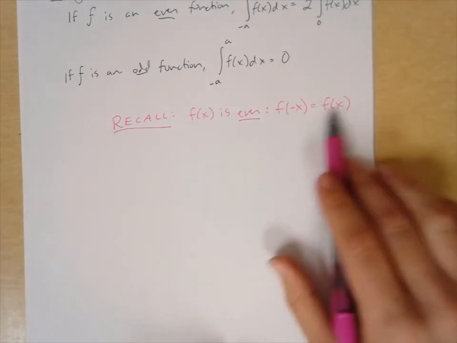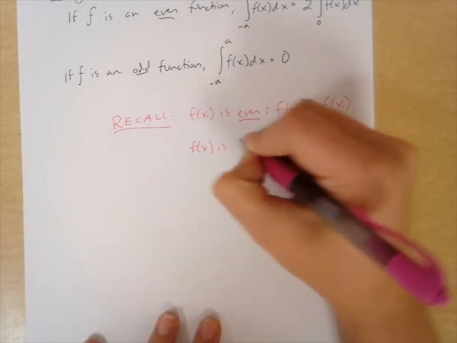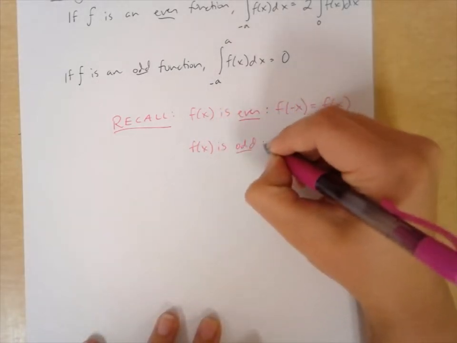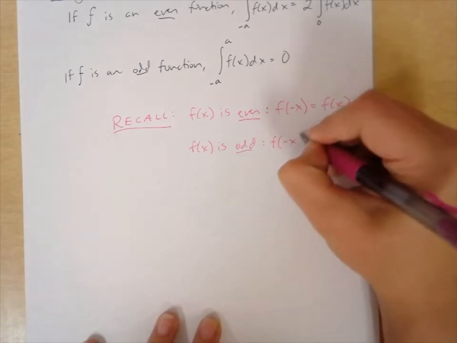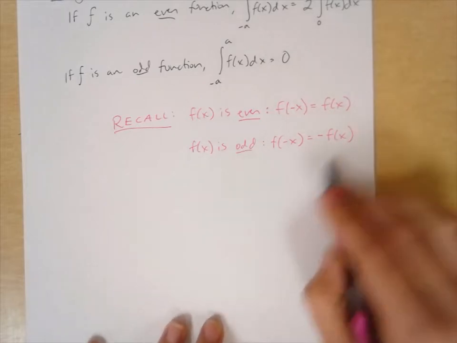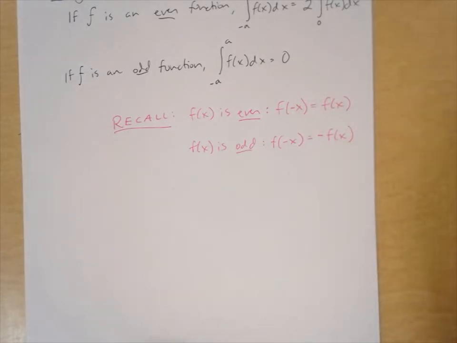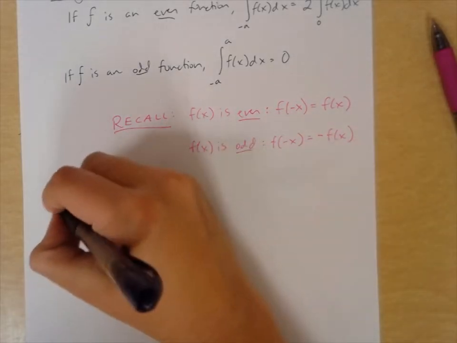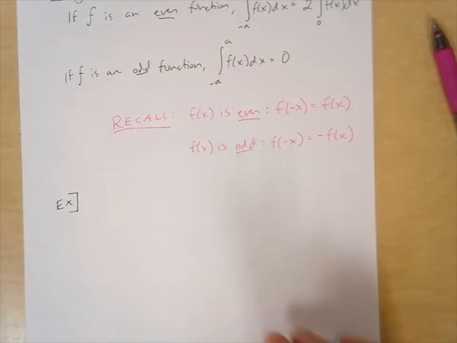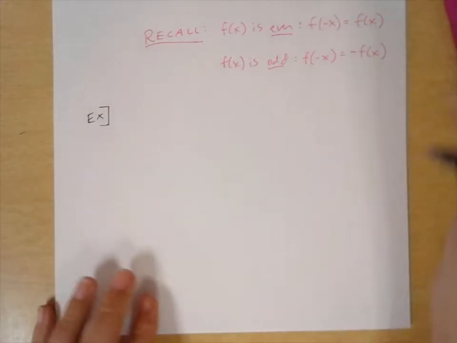Nothing about our signs should change for our function. F of x is odd if, when we substitute in a negative x, we get a negative version of our function. So like all of our signs change for our function. That's what this means. So let's do an example where this will help us and be faster for us than using any other integration properties.